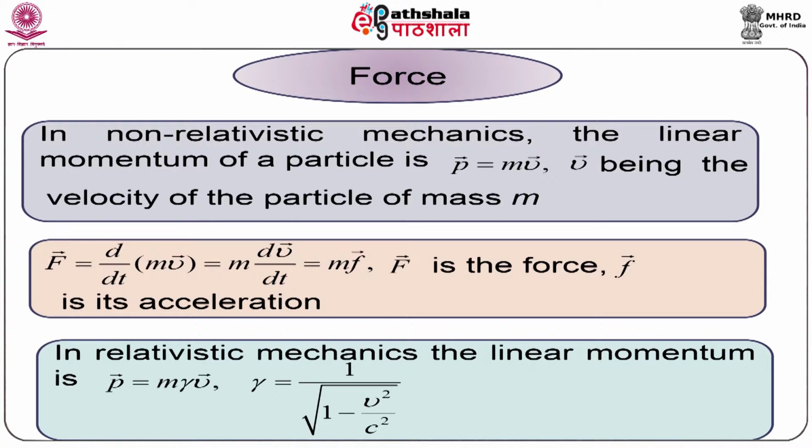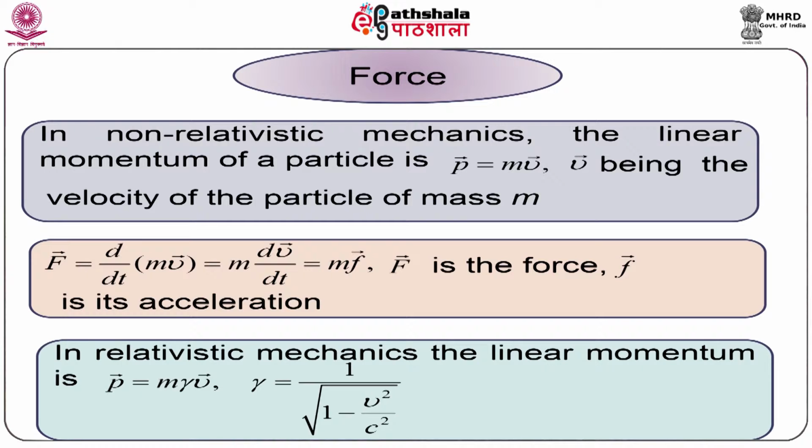Let us consider the relativistic mechanics. What will be the form of linear momentum in relativistic mechanics? Let us discuss it. In relativistic mechanics, linear momentum p vector is defined as m into gamma into v vector, where gamma has the expression like this.